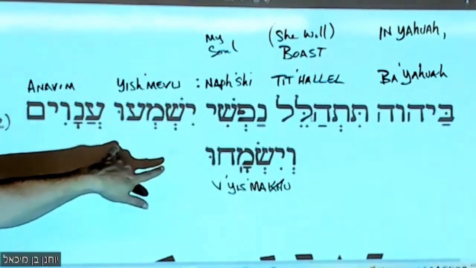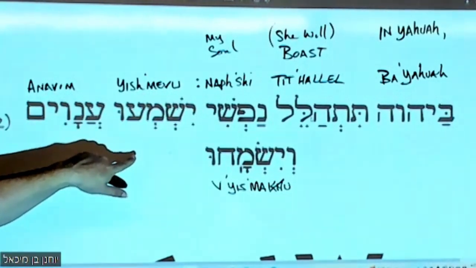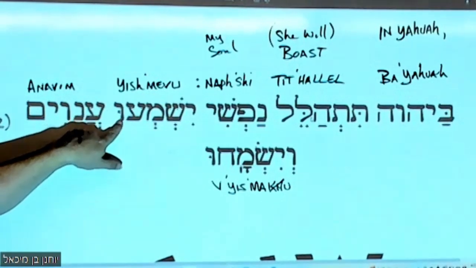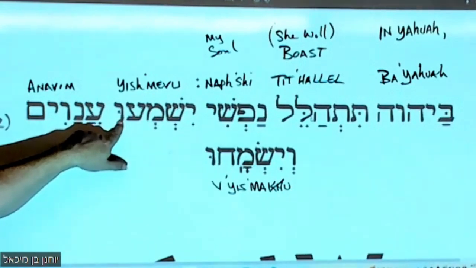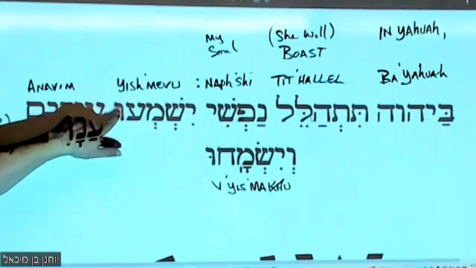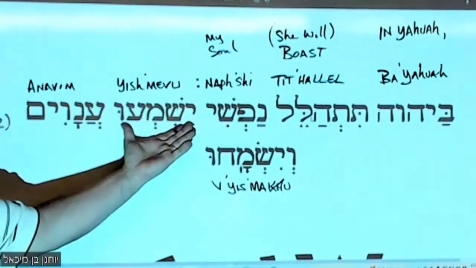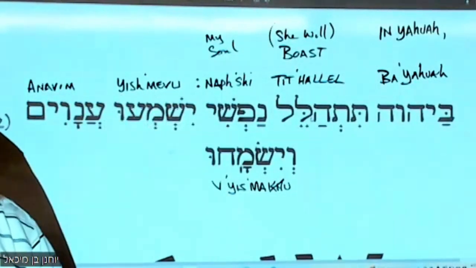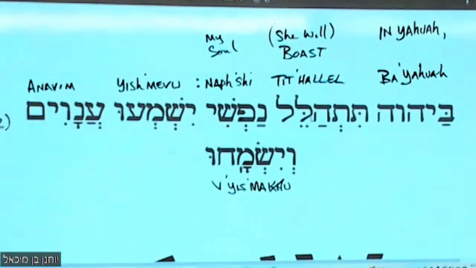What else do we have here? Any suffixes? The wa. So what's that mean? What's that suffix mean? They. They will. So what's our root word? Shema. So they will what? They will hear.